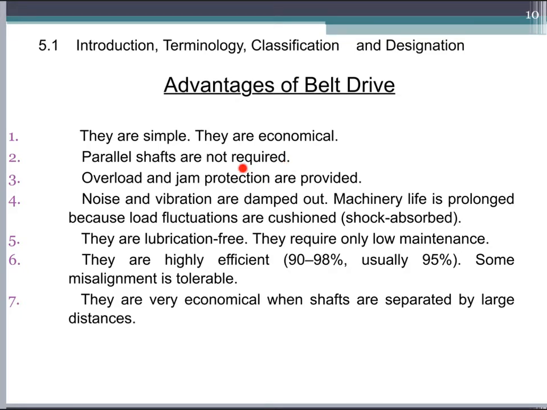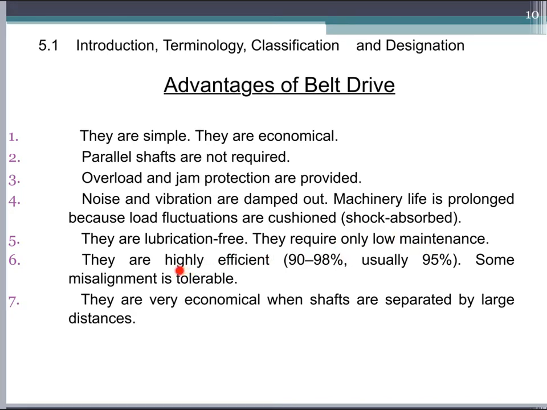And then overload and jam protection can be provided. Noise and vibration is damped out. And then by using belt, there is no lubrication needed, so less maintenance.